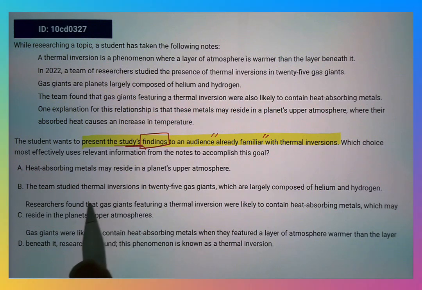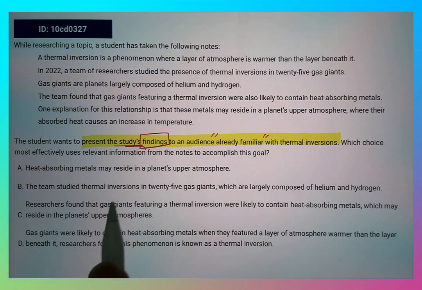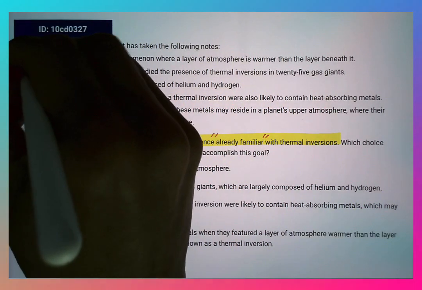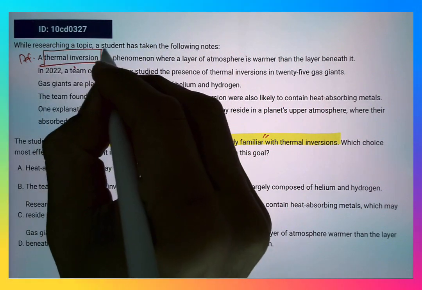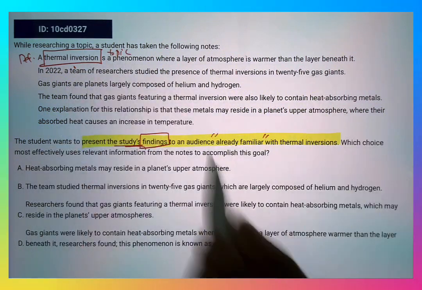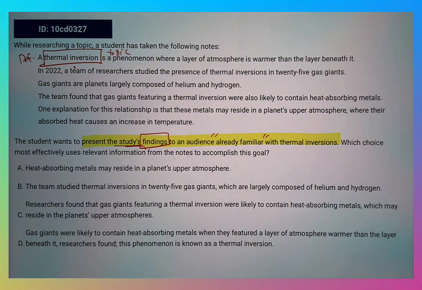A thermal inversion is a phenomenon where a layer of atmosphere is warmer than the layer beneath it. So that's the definition. And it looks like the topic is a thermal inversion here. That's our topic, along with the definition. In 2022, a team of researchers studied the presence of thermal inversions in 25 gas giants.